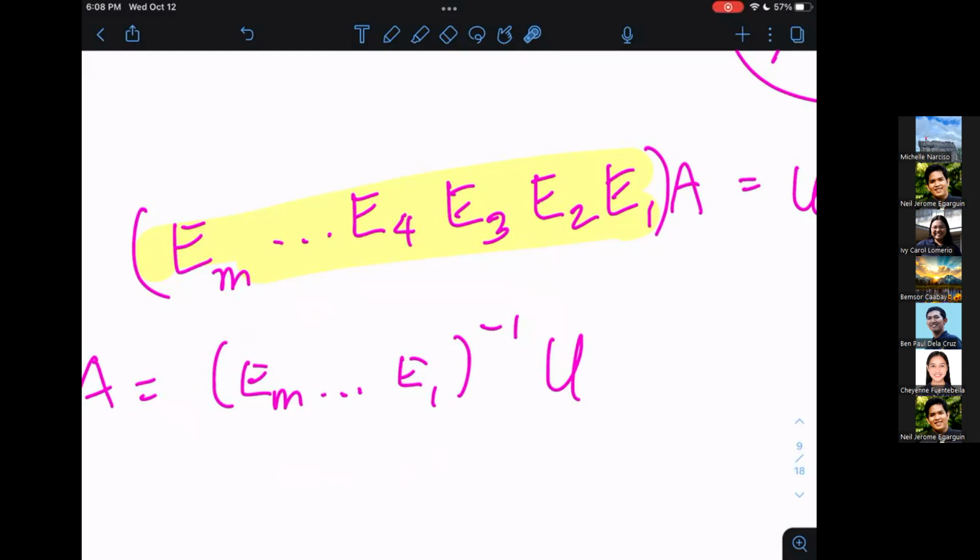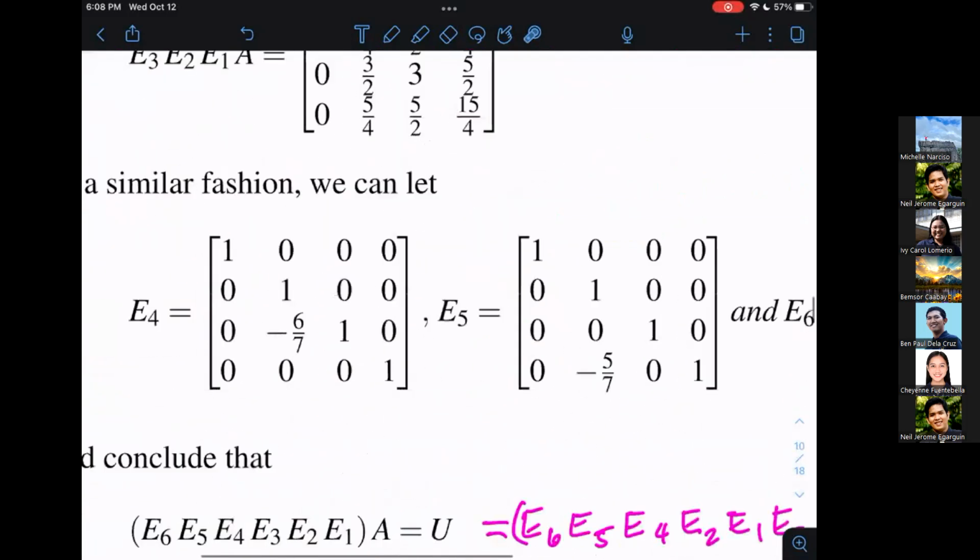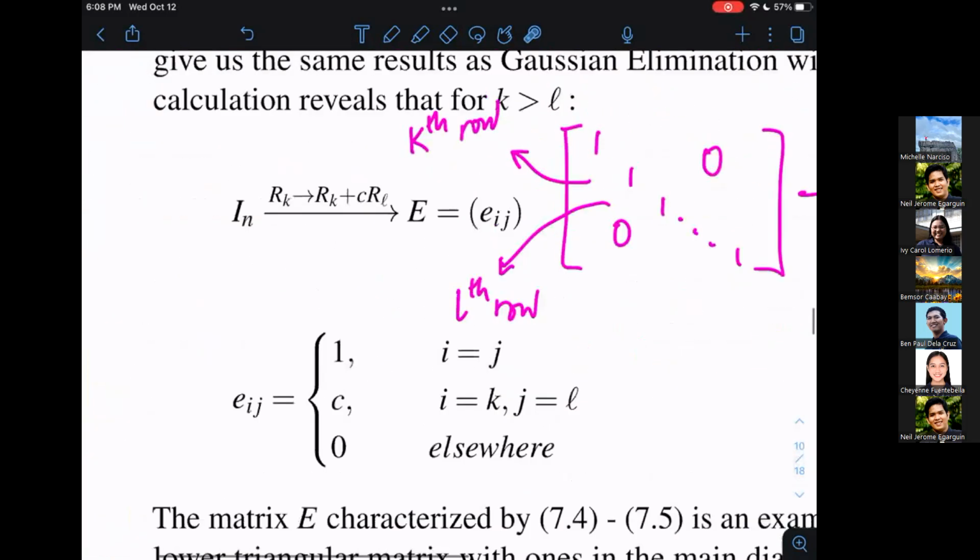So ibig sabihin, gumagamit lang ako ng mga row translators na si K ay binabago ko lamang using yung mga rows sa ibabaw ba o sa baba? Dapat sa ibabaw niya or sa ibaba niya. Tama ba? Gusto ko kasing ma-fix si K. So dapat si K mas malaki kay L para maging lower triangular matrix lang to.